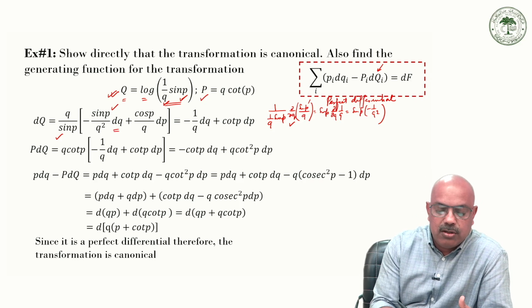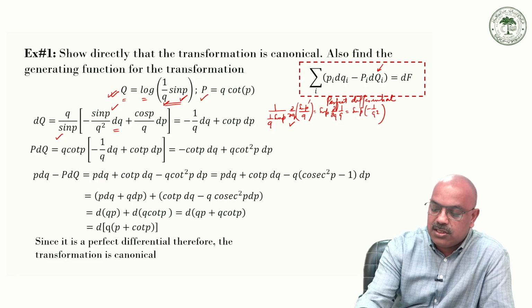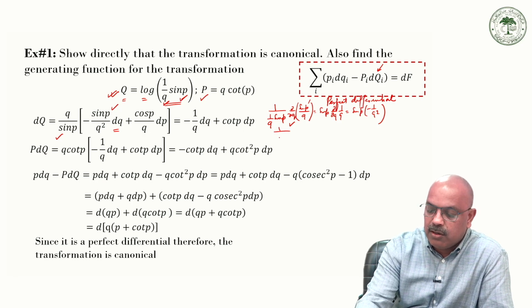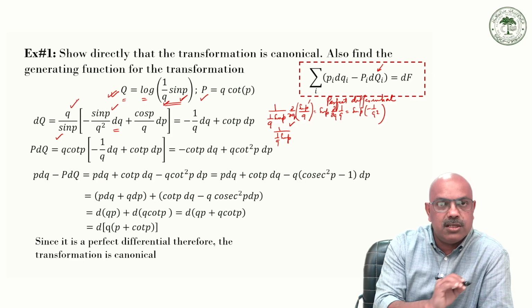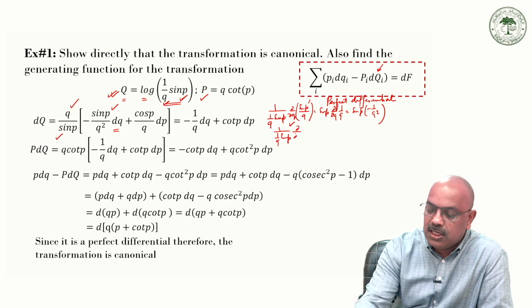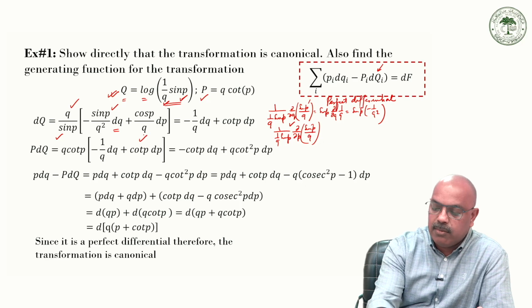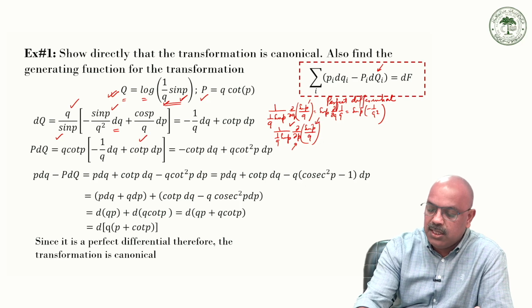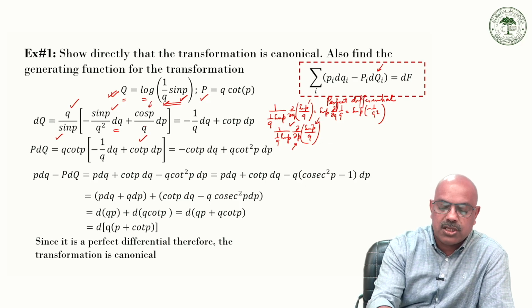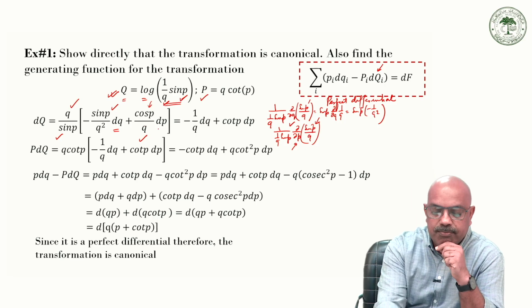When you differentiate with respect to p, this term is going to be there, 1 upon (1/q sin p), that is common, and then you are differentiating sin p by q with respect to p. So 1 by q is the same, but sin p with respect to p gives cos p, so the sin p by cos p, and this is going to be dp.